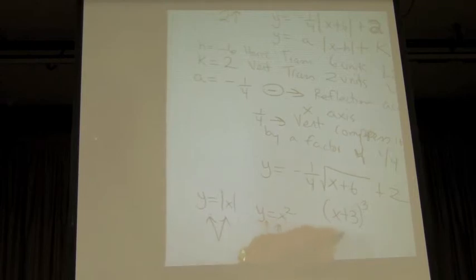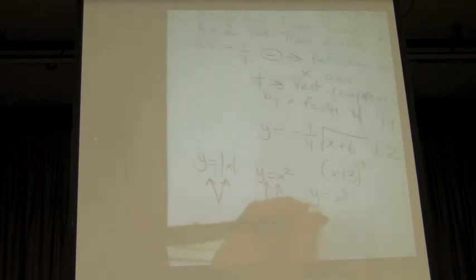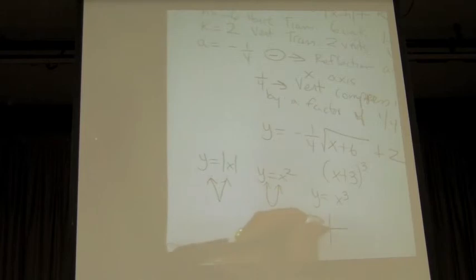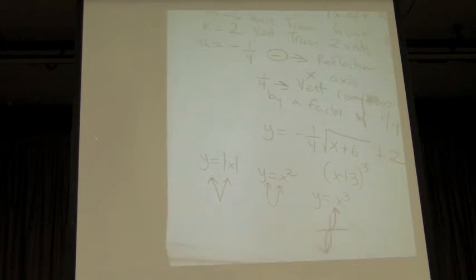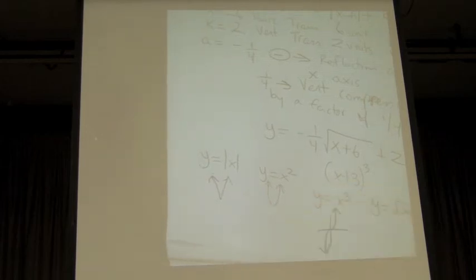Y equals x cubed is what? An S. Basically, it's half a parabola going up and the other half of the parabola going down. And y equals the square root of x is what? Half a parabola going sideways.